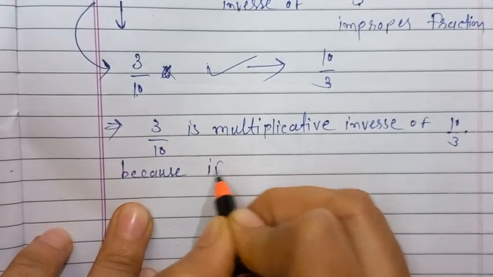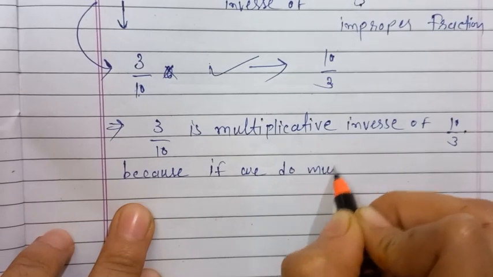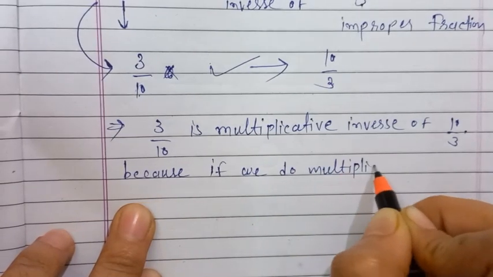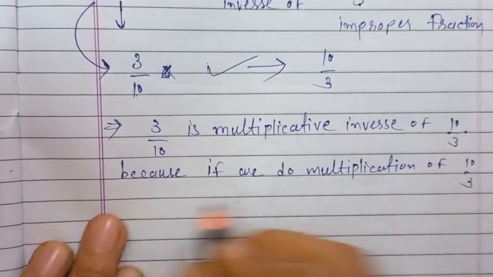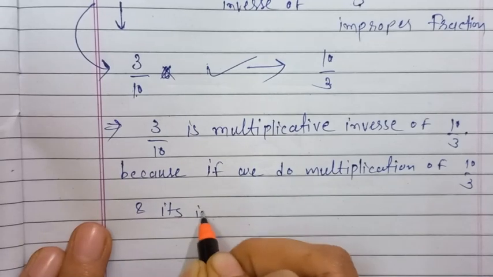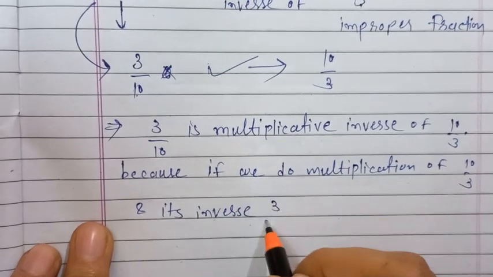Because if we multiply 10 by 3 and its inverse, what is the inverse of 10 by 3? It is 3 by 10.